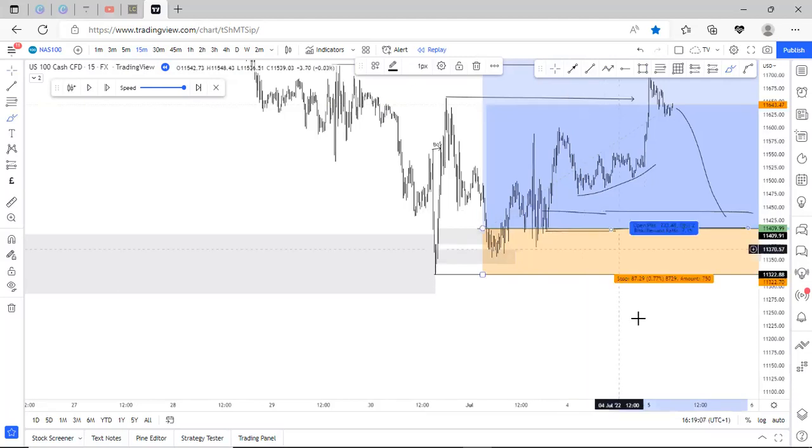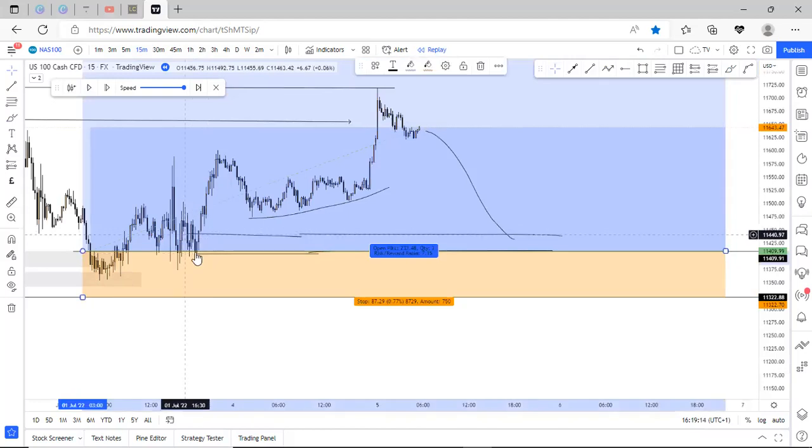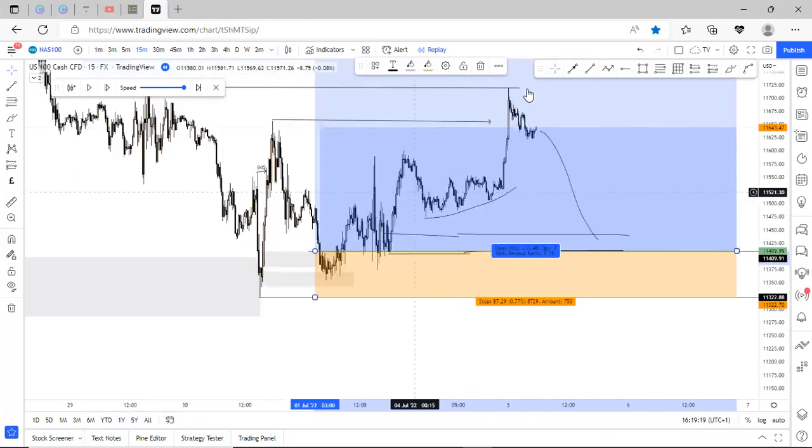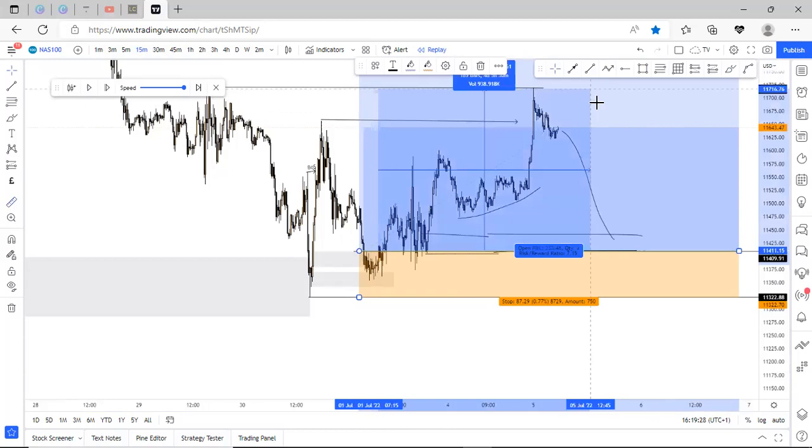Okay, so at this point in time, because of this demand zone and imbalance, I may likely not move my stop loss into break even yet, or probably at this point in time I might decide to take partials off my trade, because this is a good profit all the way from here to right here.